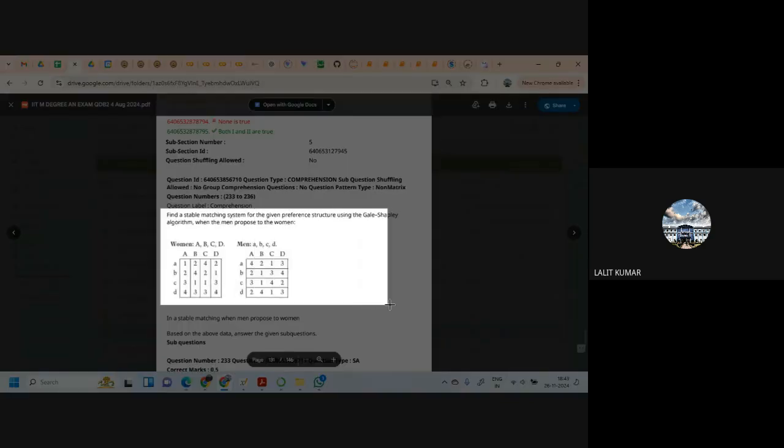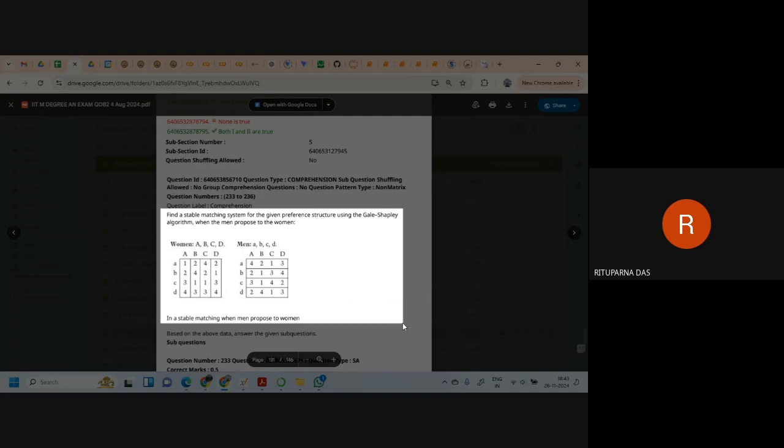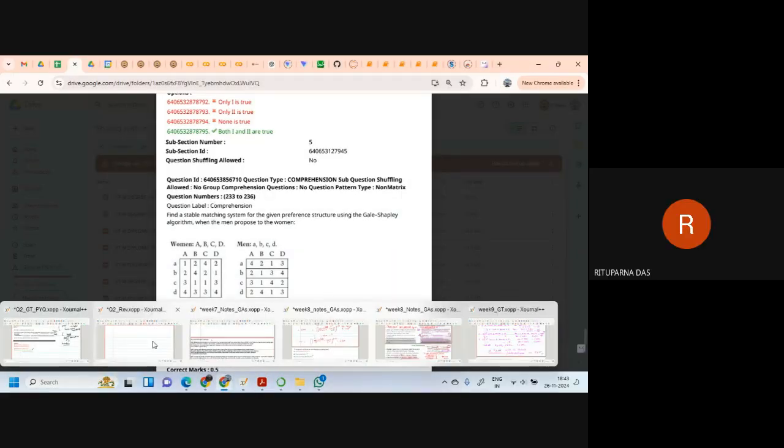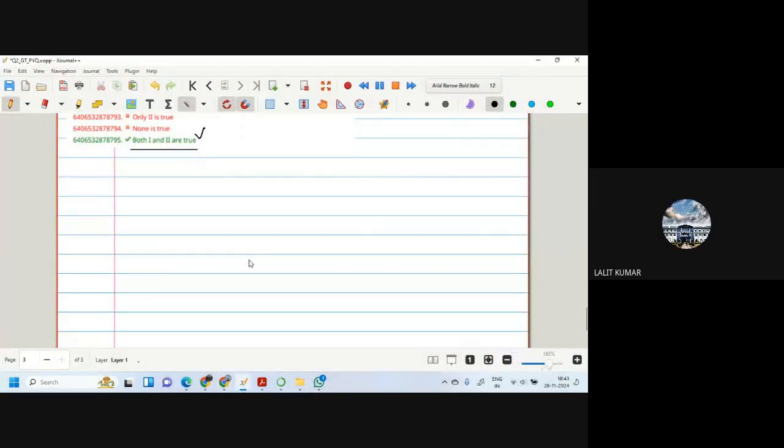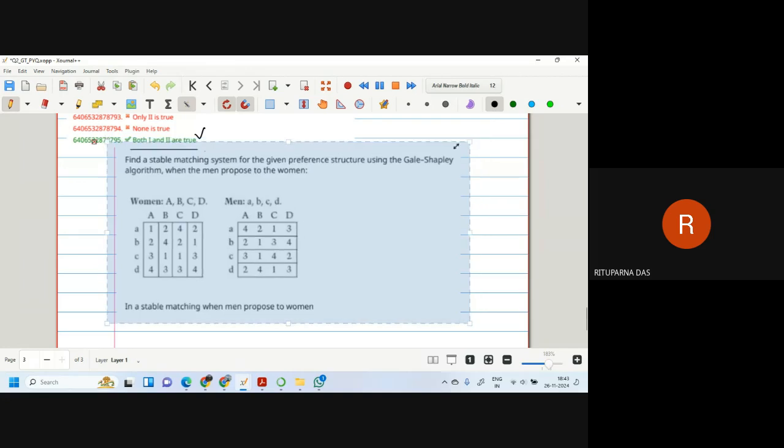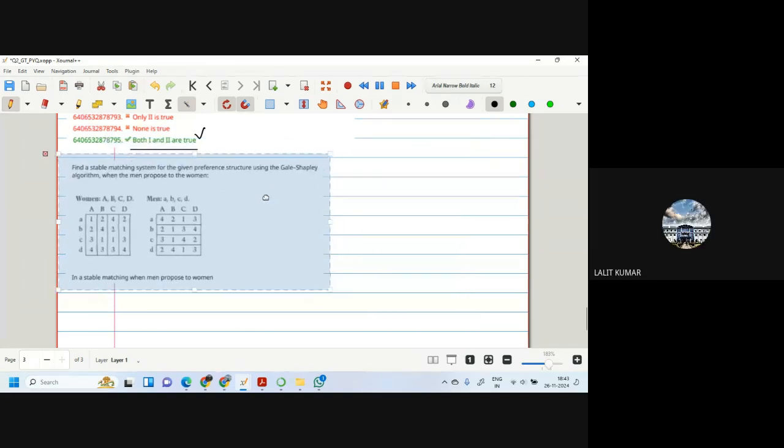This is the Gale-Shapley question. This is an interesting one. I will cover the steps. So step one, what do we do? First we write the choices.